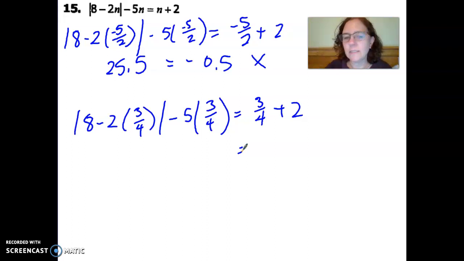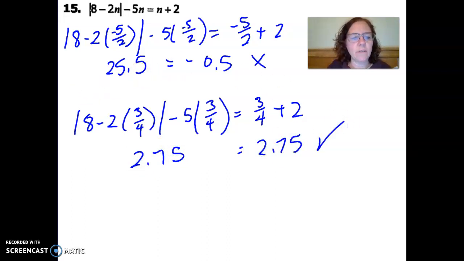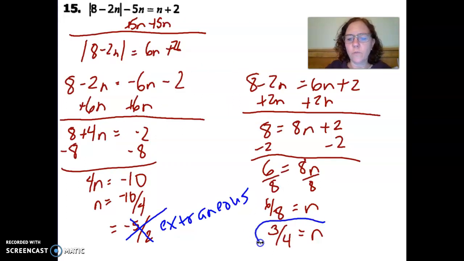And on the left-hand side, I got 2.75. On the right-hand side, I also got 2.75. So that one checks out. That one is a good solution. The real answer, the only answer to this question, is n equals 3/4.